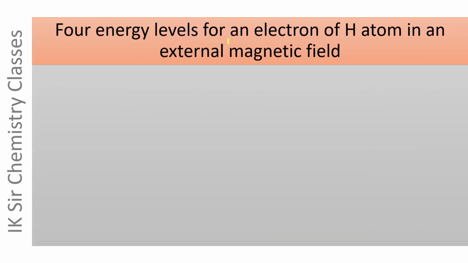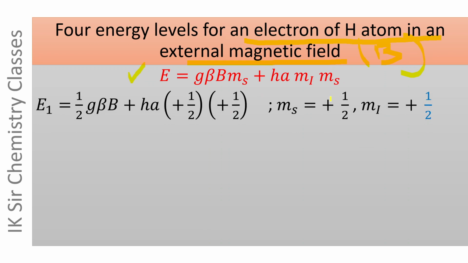Four energy levels of an electron of a hydrogen atom in an external magnetic field of strength B. We have seen that the energy of an electron of a hydrogen atom in an external magnetic field of strength B is given by E is equal to g beta B ms plus h a mI ms. If ms has value plus 1 by 2, mI can have two values, plus half and minus half.